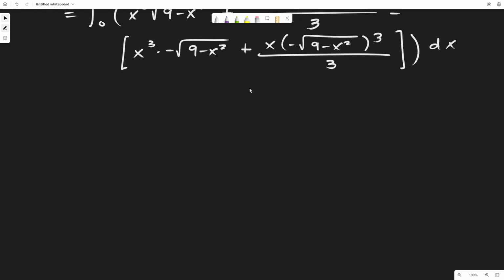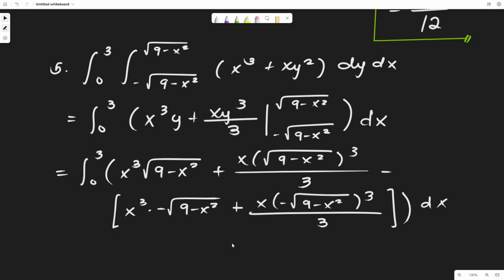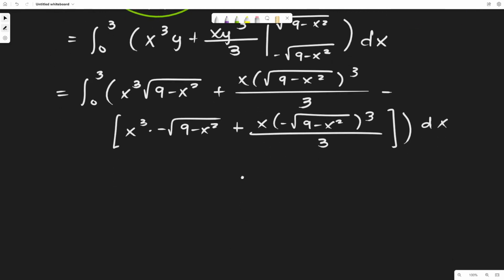How is that done? Our inner integral is in terms of y. If we translate this into a function, y is equal to positive or negative square root of 9 minus x squared.